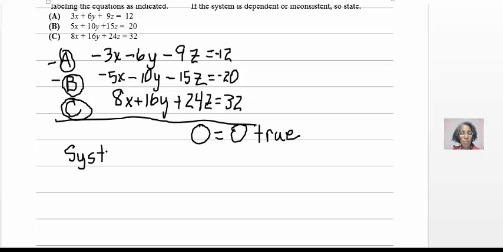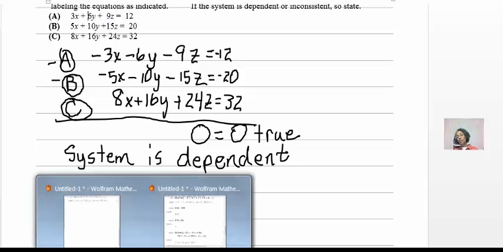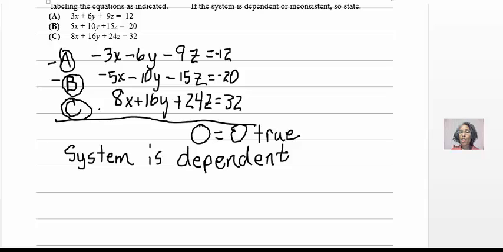So I have an equation with no variables in it that's true. That means the system is dependent. The variables have dropped out of the problem and a true equation results. The system is dependent. One of the things we want to talk about is what do the solutions look like to this dependent system.